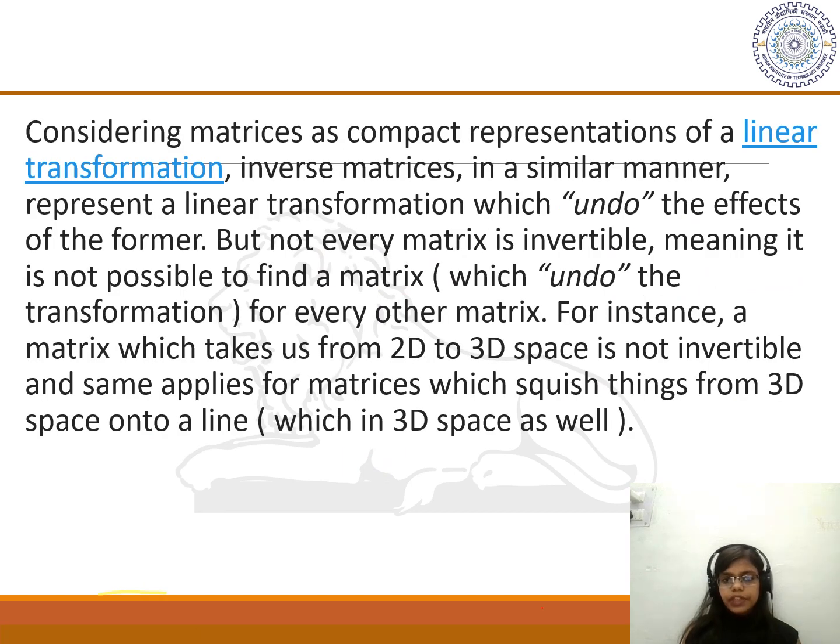So one of the definitions says that matrices are a compact representation of linear transformations.